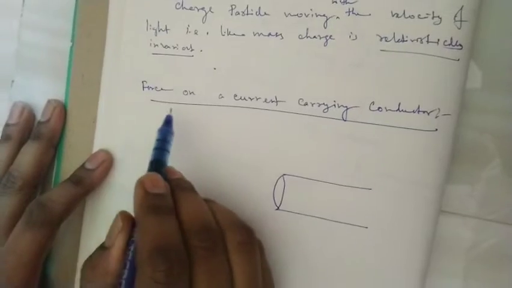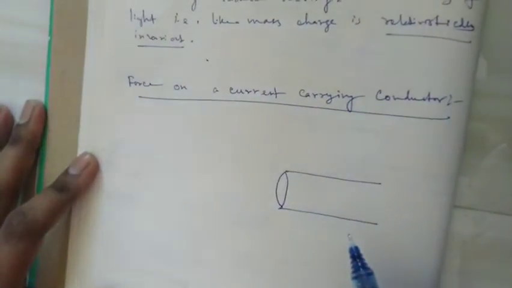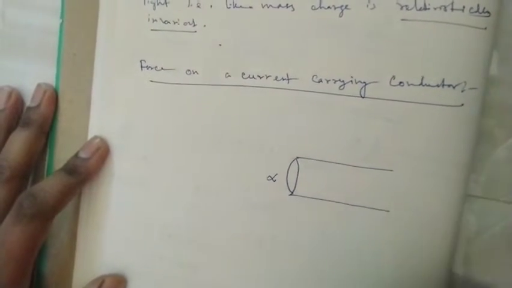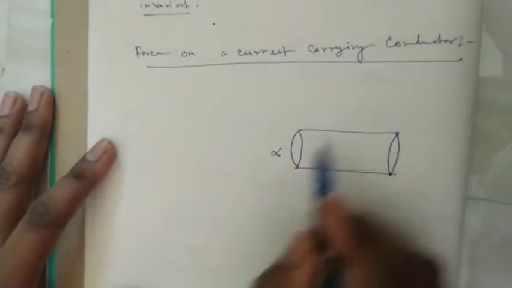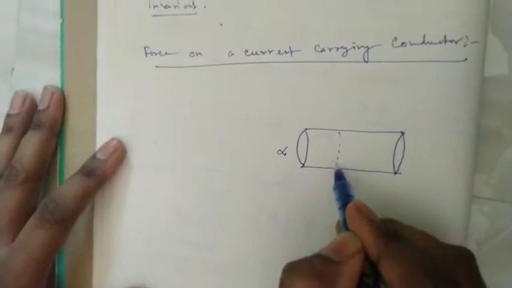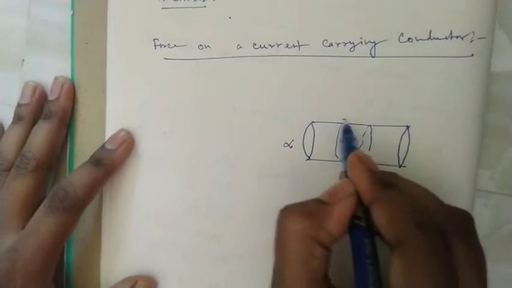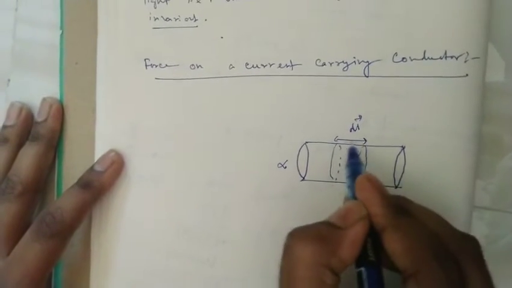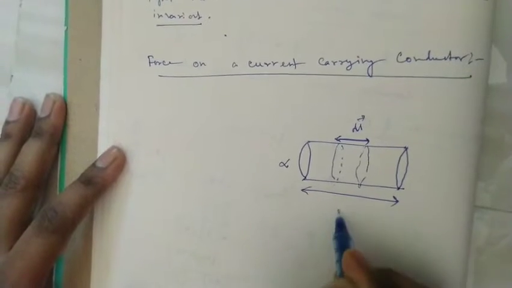Next, we discuss force on a current carrying conductor. Let us consider a portion of a current carrying conductor having cross section area alpha. If we choose a small elementary section of this conductor of length dl, the total length of this conductor is small l.